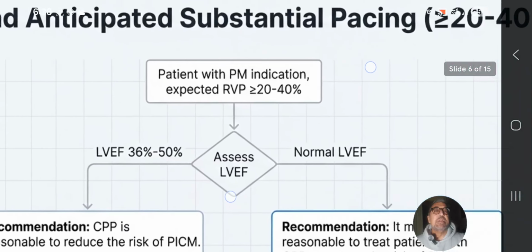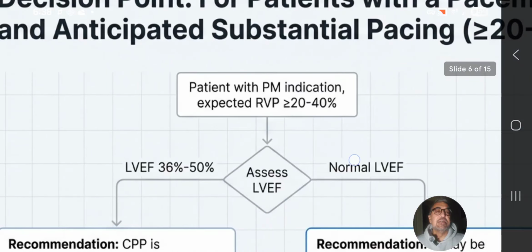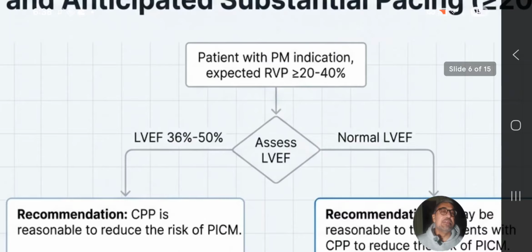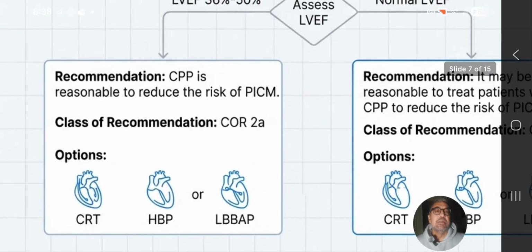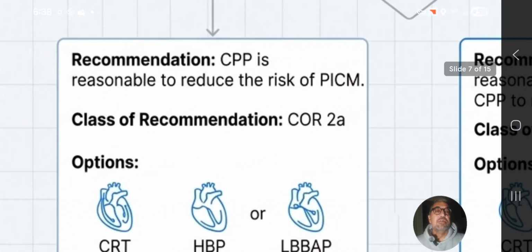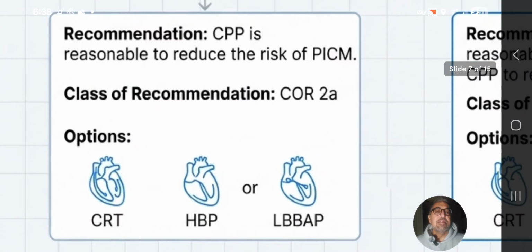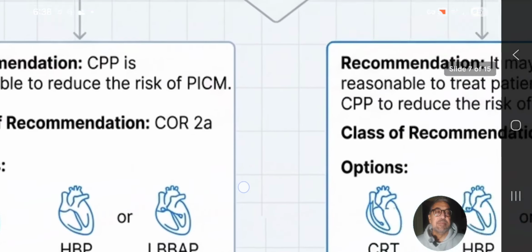Therefore, if a patient has a permanent pacemaker indication and you expect the RV pacing to be greater than 20 to 40%, if the LVEF is 35 to 50%, then you should consider CRT, His bundle, or left bundle branch pacing.